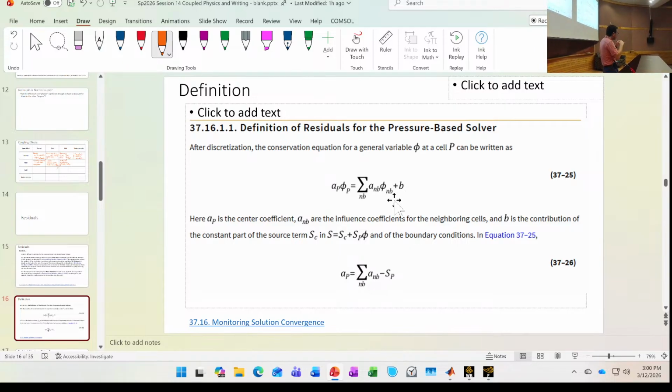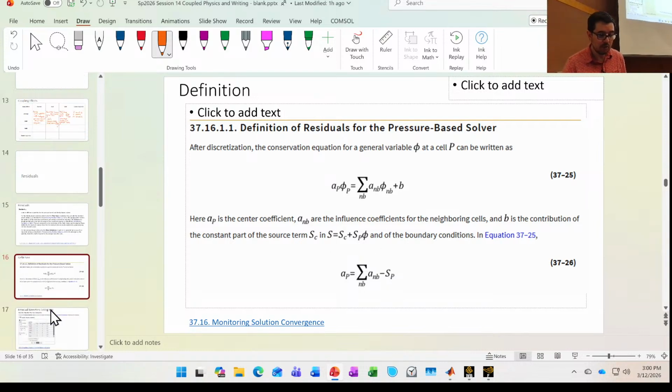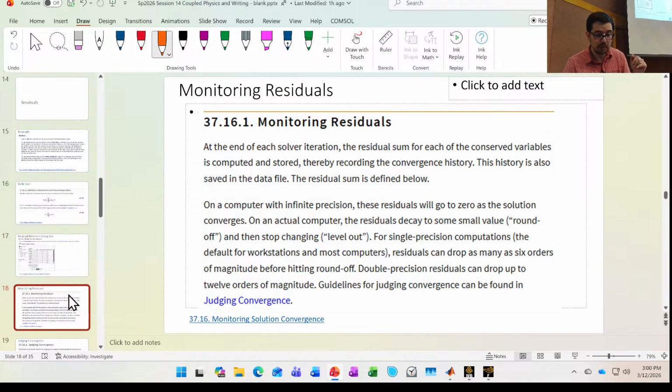You have in, out, and then you could have a term that is providing maybe an internal flux or something of that nature. So this is how you monitor them, like we just showed.